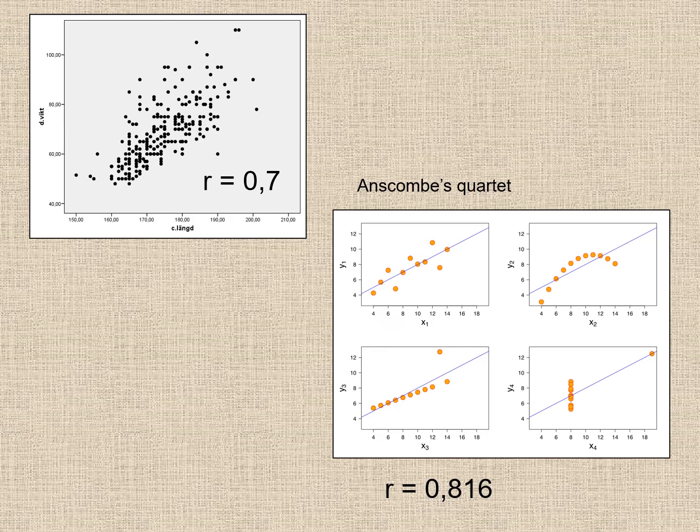So here we see something that's called Anscombe's quartet. We have 4 panels here, and in each panel, the correlation between the two variables is 0.816.